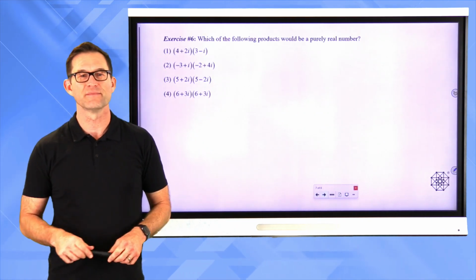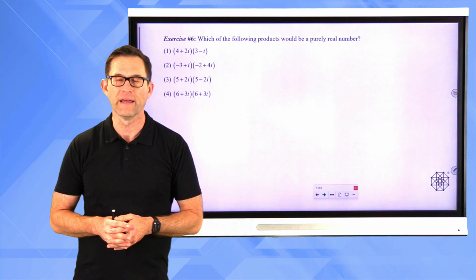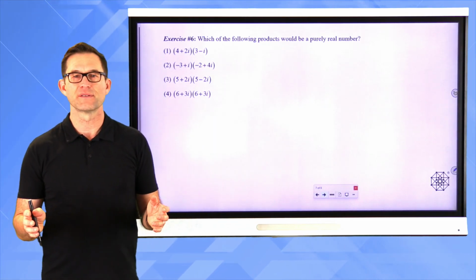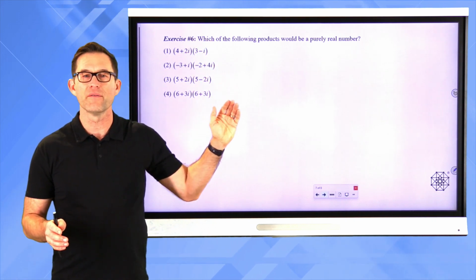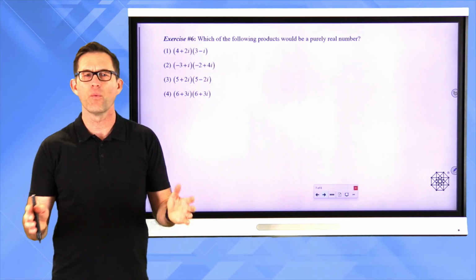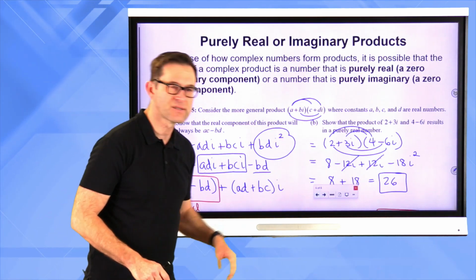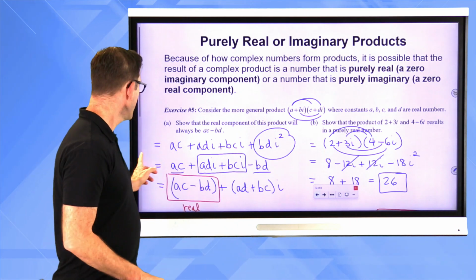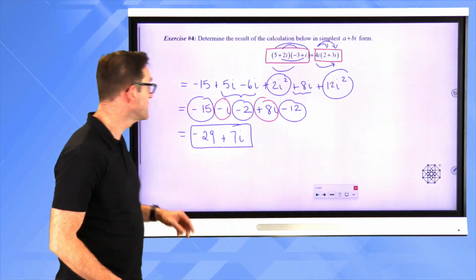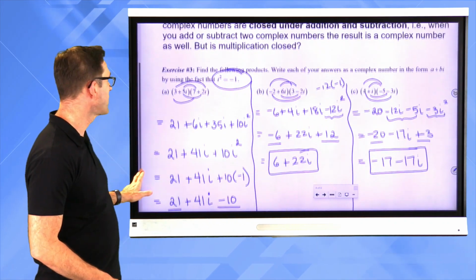Exercise number 6. Which of the following products would be a purely real number? All right. Now, one way to do this, to get a purely real number, is to literally find every one of these products. Every one of them. But for a moment, think back to this, right? Let's go all the way back here.